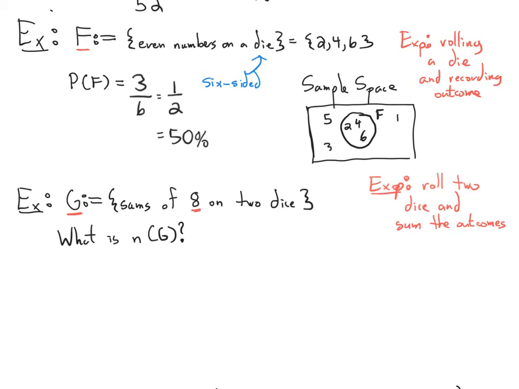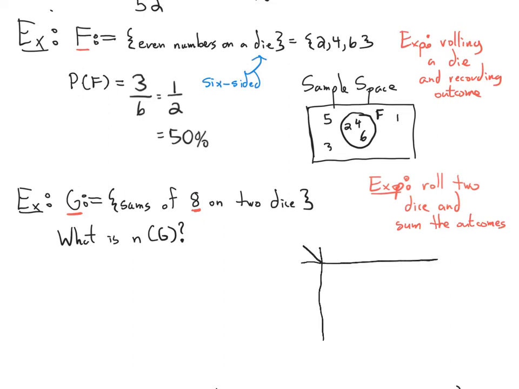It has to be the unique dice roll. So we have to be a little careful about this. So we want to know, how big is this set G? How many outcomes are in this set? Well, let's list all possible outcomes first. I'll do it in a little table since we have 2 dice.